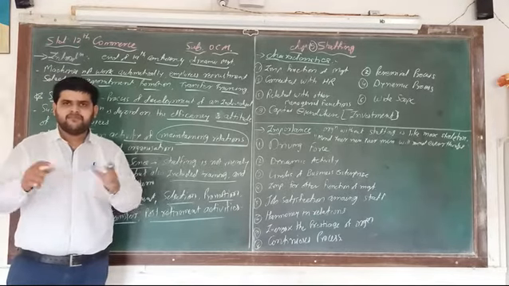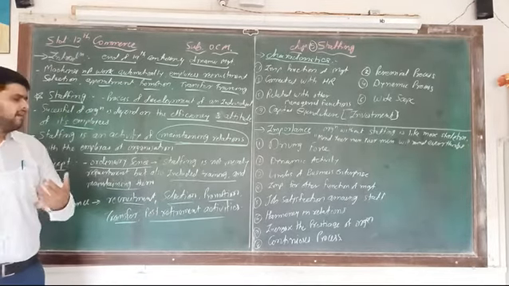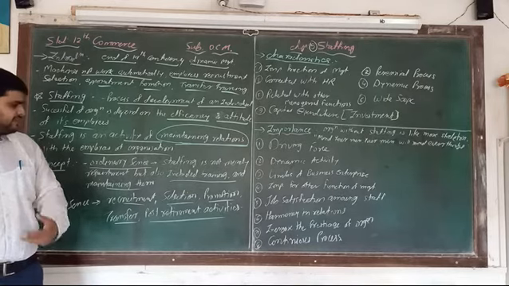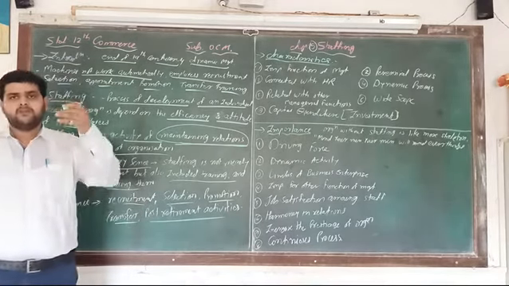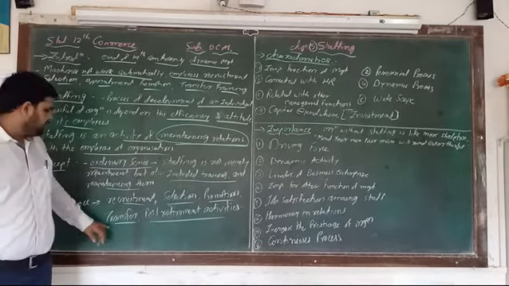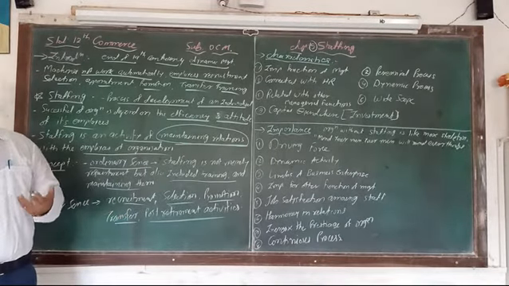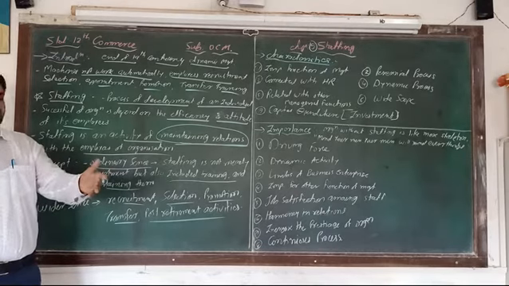Whatever applications we receive, we have to select the appropriate person who matches our organization. Number 3, promotion. If they are doing well, we give a promotion to the next level. Number 4, transfer. If needed, we can transfer people from one place to another, one area to another area.